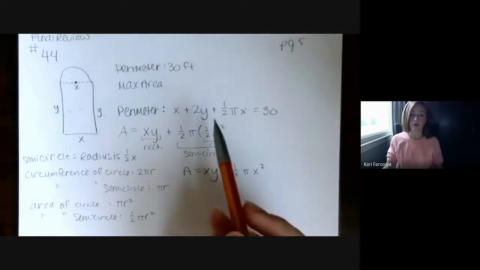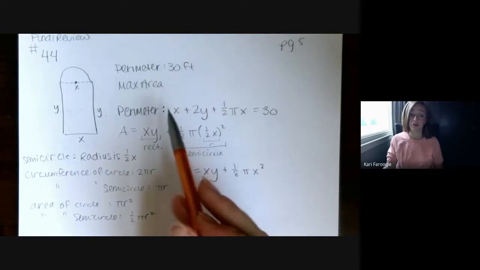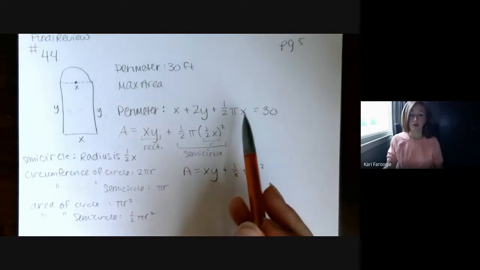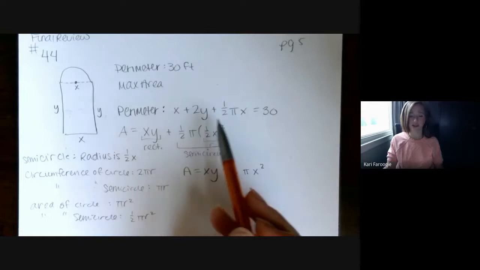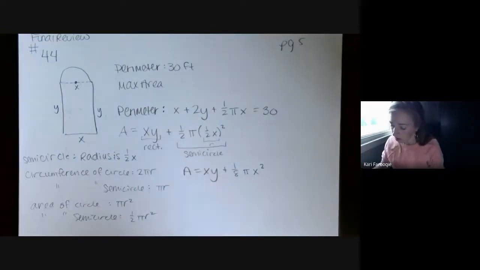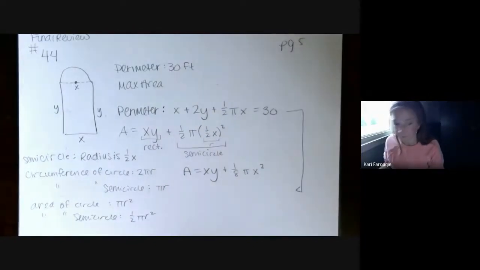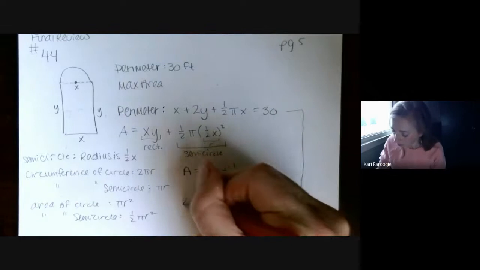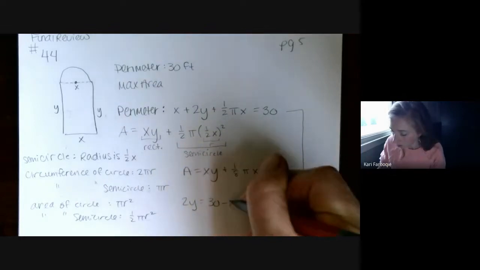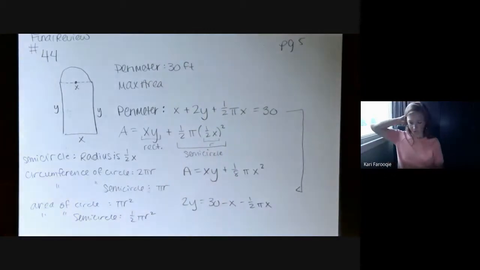And I know that you're looking at this and it seems like, that seems hard. Well, actually, for the x, it's harder because when you sub out the x, you're going to have to factor, do all kinds of crazy stuff. So let's go ahead and solve the perimeter equation for y. So to do that, we'll get 2y is 30 minus x minus 1/2 pi x.